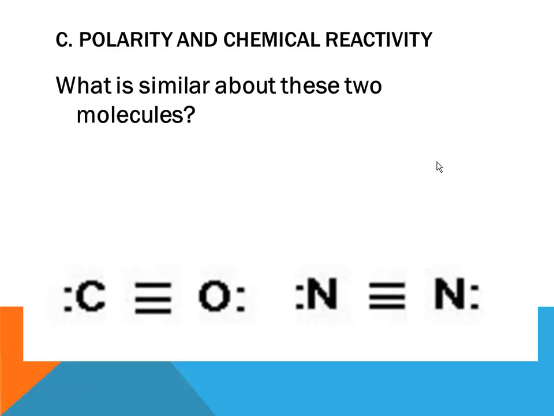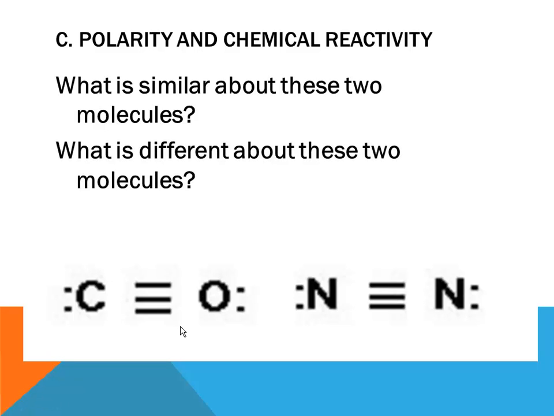Alright, polarity and chemical reactivity. So what is similar about these two molecules? You can see they have triple bonds. There's a lot of electrons here in the middle, making triple bonds. The difference is what atoms you have. Carbon has 2 electrons here, oxygen has 2, nitrogen has 2, nitrogen has 2.